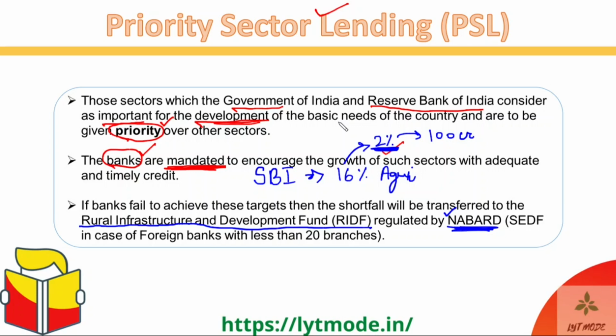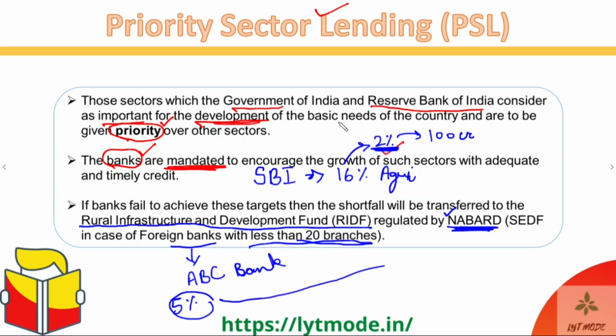And for those banks which are not Indian banks, for foreign banks, specifically those which have less than 20 branches, for example, if there is a bank named ABC Bank, and this ABC Bank fell short of its PSL targets by maybe 5%, then these 5% will go to the SEDF, where the SEDF stands for the Small Enterprises Development Fund.